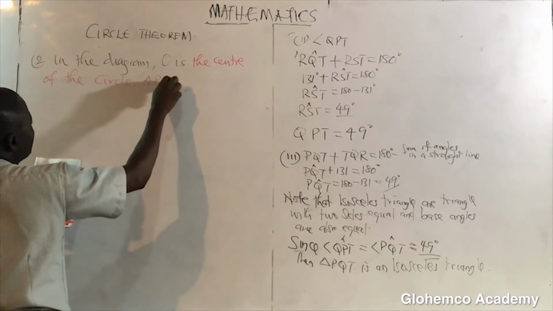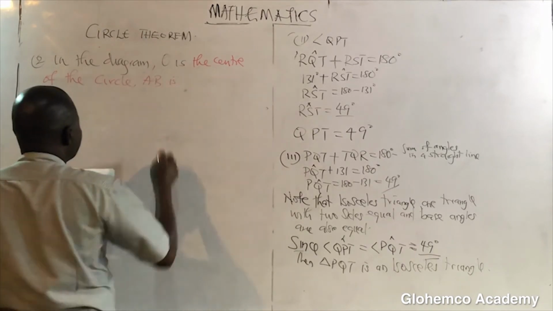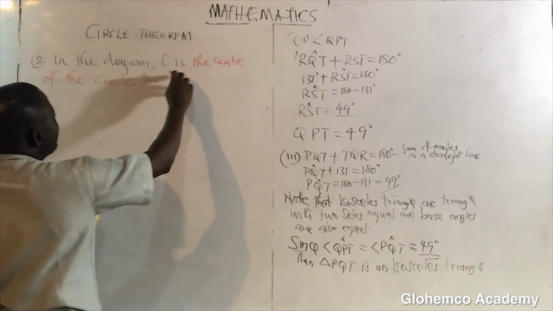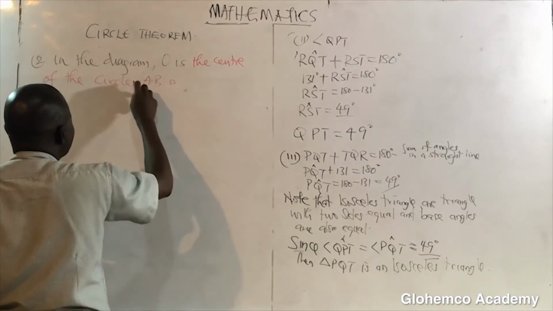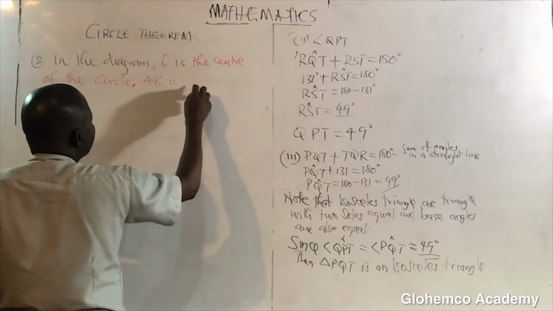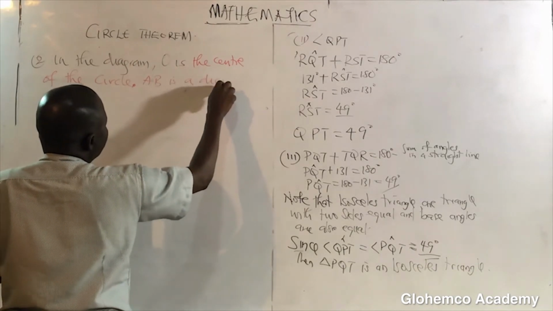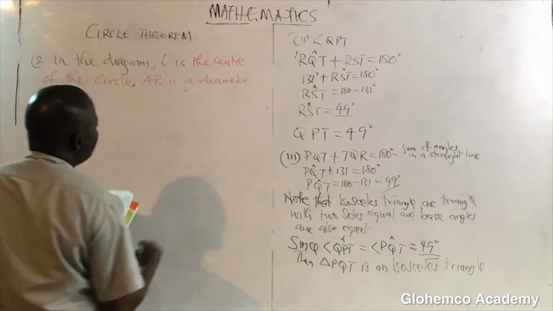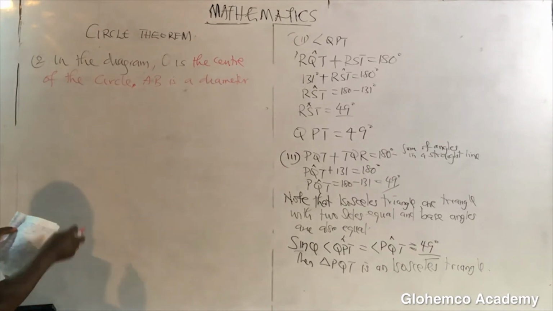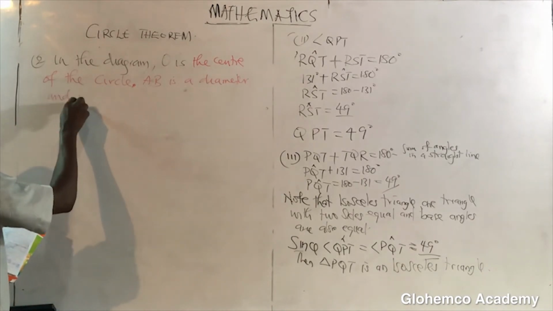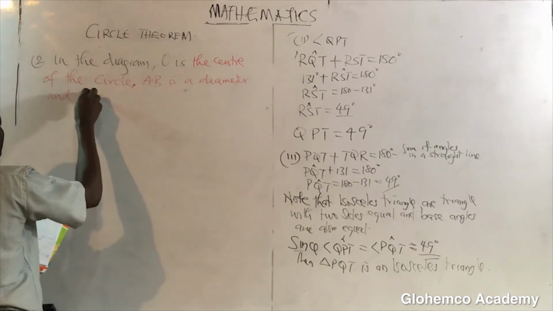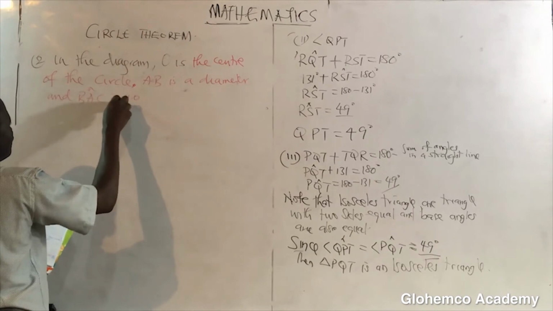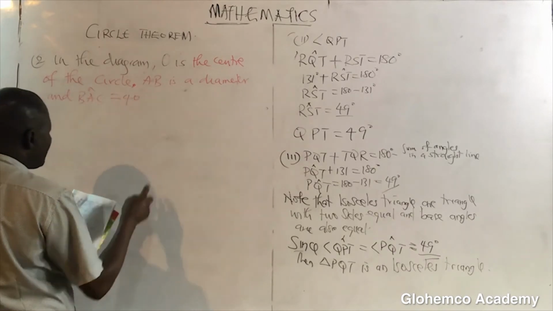AB is a diameter, and angle BAC is equal to 40 degrees.